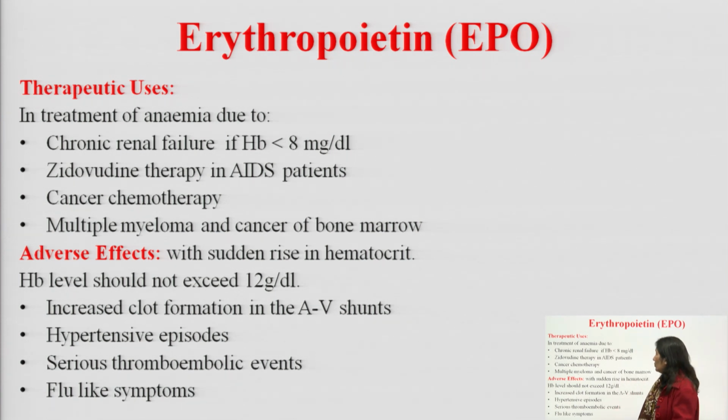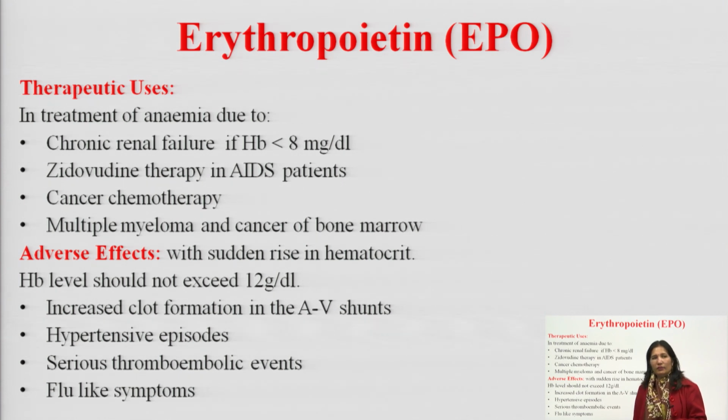Erythropoietin is used in the treatment of anemia due to chronic renal failure if the hemoglobin is less than 8 mg per dl. It is also used during zidovudine therapy in AIDS patients and in cancer chemotherapy. Anemia may occur because of any of these reasons, and there erythropoietin is used. It is also used in multiple myeloma and cancer of the bone marrow.